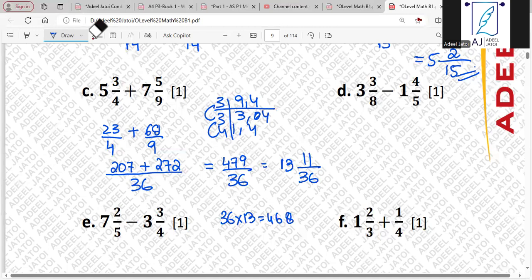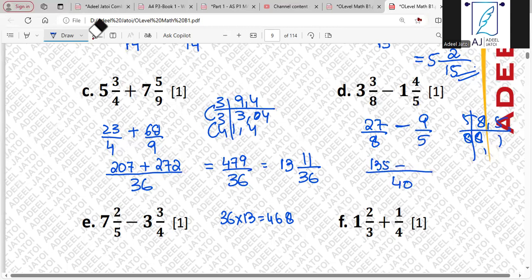Let's attempt part D. 8 threes is 24, 24 plus 3 is 27 upon 8, minus 5 ones are 5, 9 upon 5. Obviously, 8 and 5 are different tables, so 40 will be your LCM. 40 divided by 8 is 5. 27 into 5 is 135.